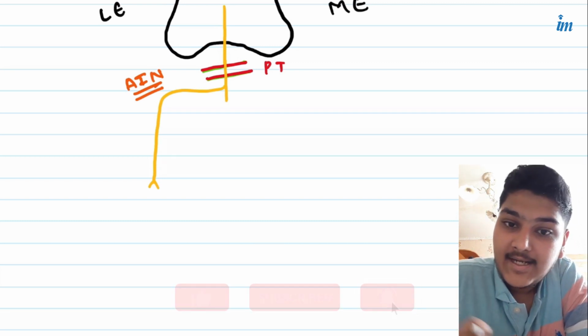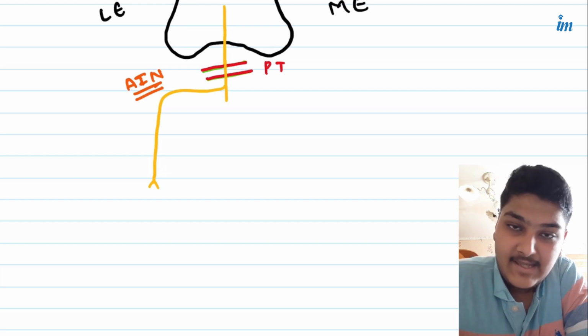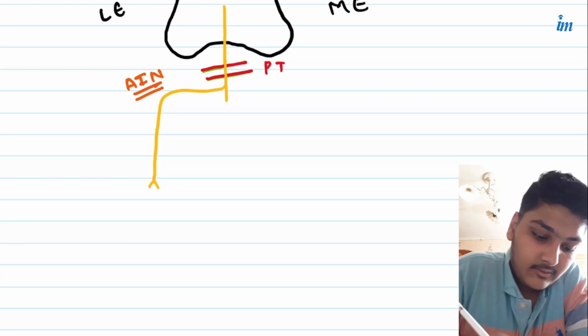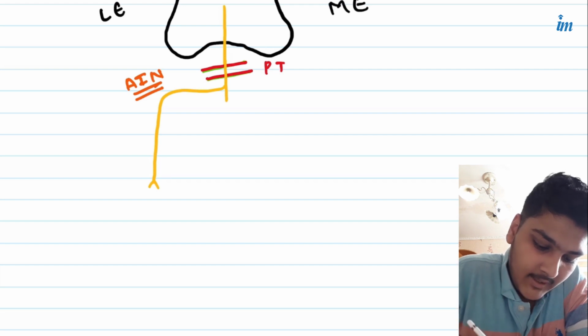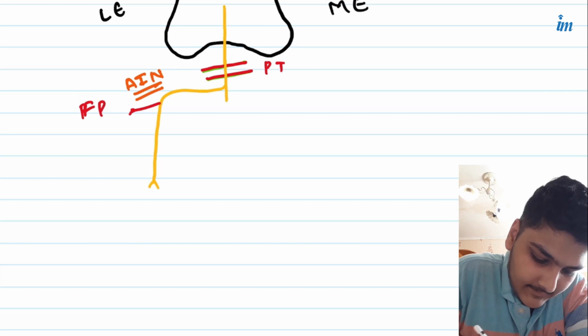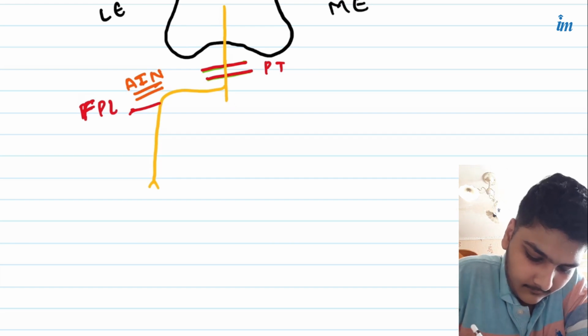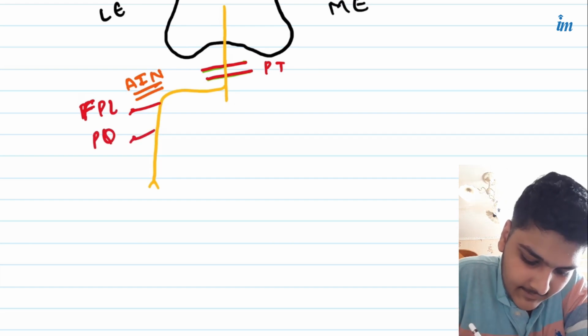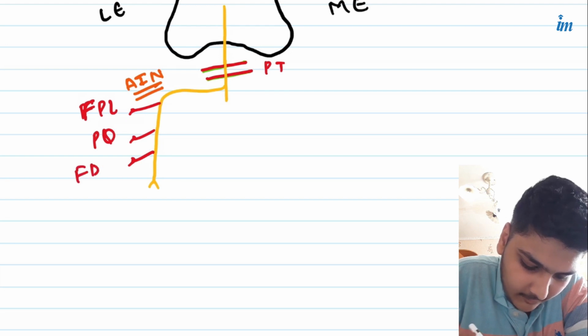Now what does this anterior interosseous nerve do? It supplies all your deep flexors like flexor pollicis longus, pronator quadratus and flexor digitorum profundus.